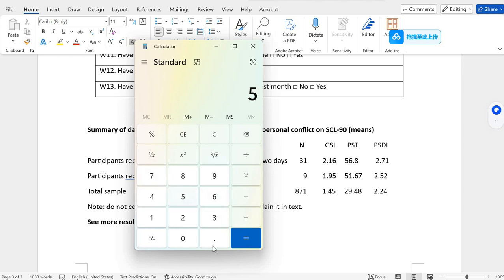Suicide attempt group, 51.67, this is the total number of positive symptoms they had, divided by 29.48, 1.75 times.